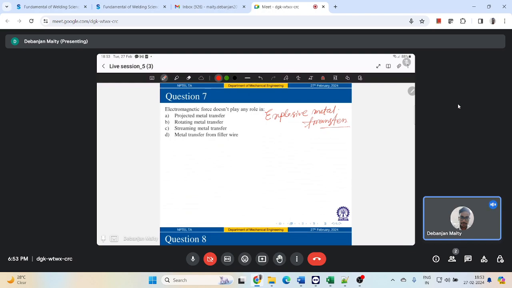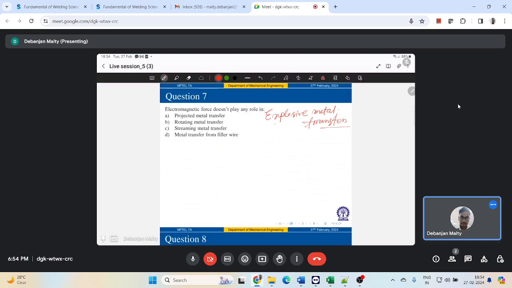In explosive metal transfer, the droplets which are forming are attached to the electrode tip, and it ejects the material in an explosive manner, in which those small droplets are spattered away or expelled from that molten part, right?